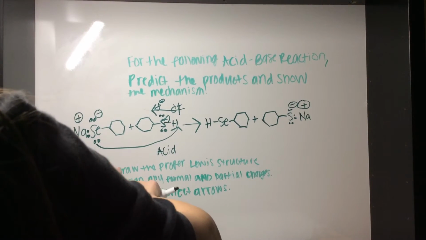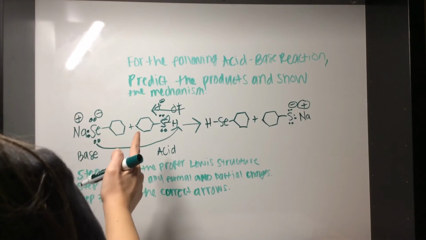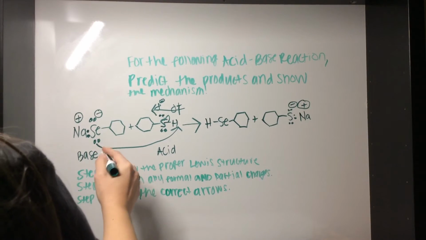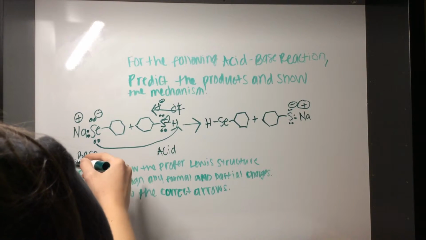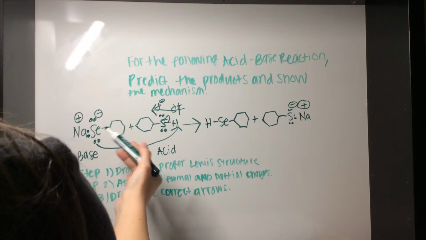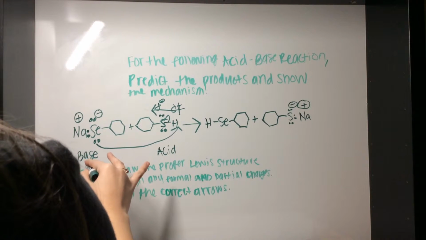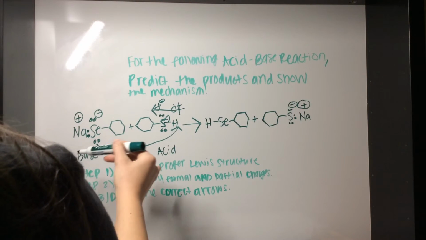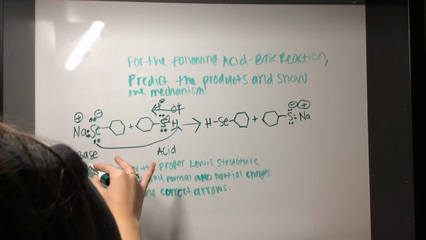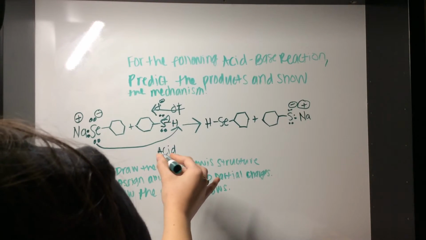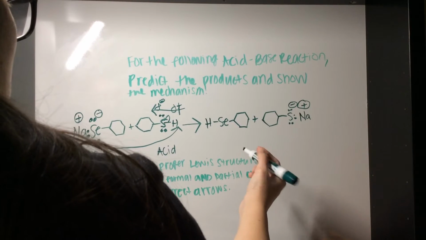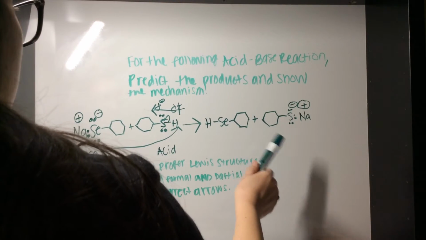So that being said, the base is always going to be electron rich, meaning that it has a full negative charge, and that means that this is going to form a conjugate acid. So since we have the base and our acid, now we need to figure out where the conjugate base is going to form.